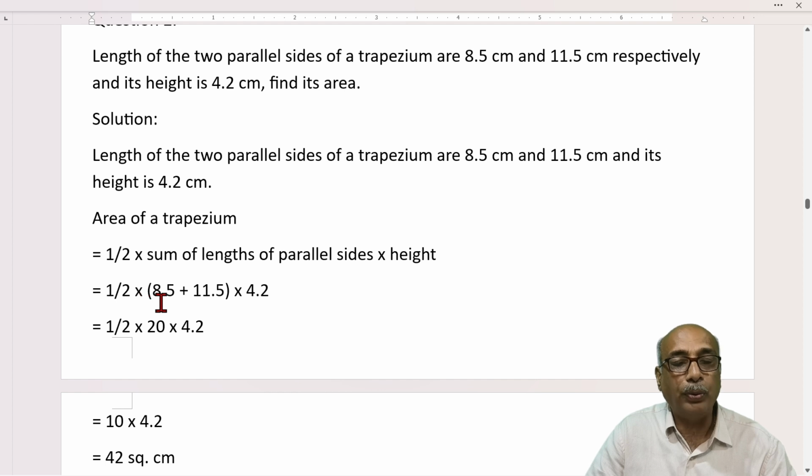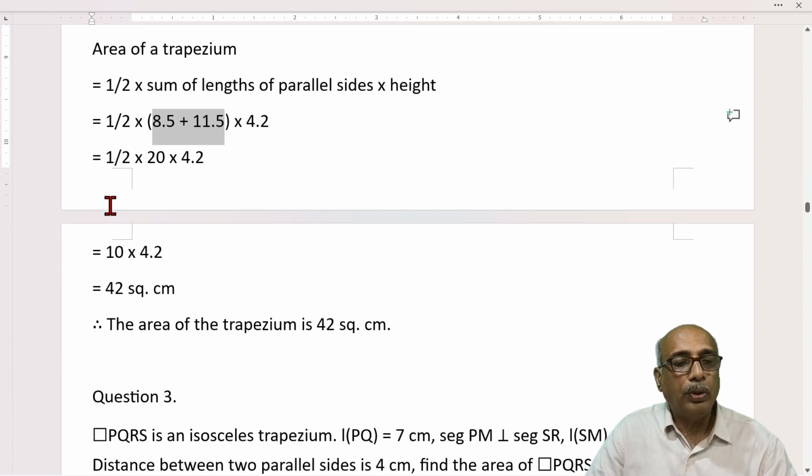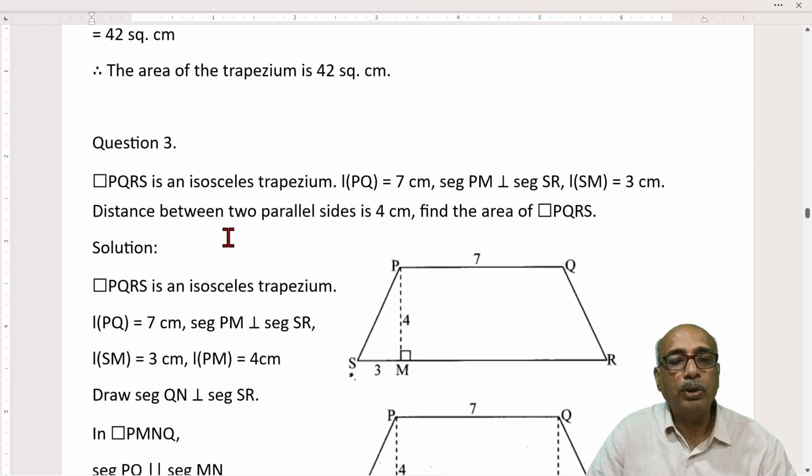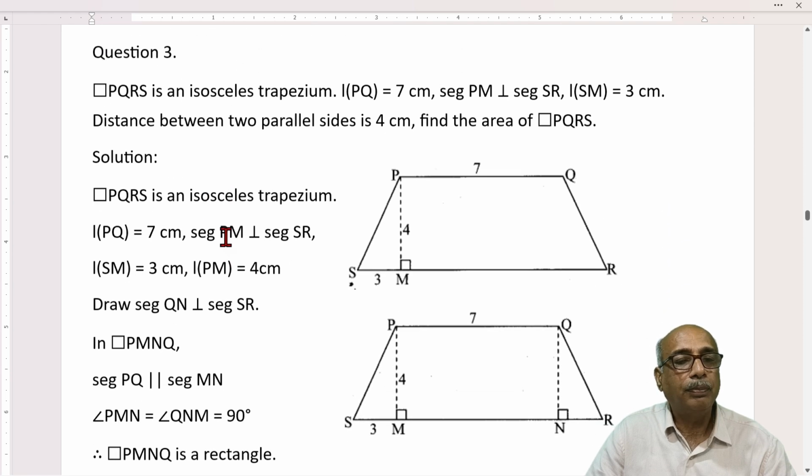So half into bracket 8.5 plus 11.5 into 4.2. Half into the sum of these two, 20, into 4.2. So 10 into 4.2 is 42 square centimeter. The area of the trapezium is 42 square centimeter.